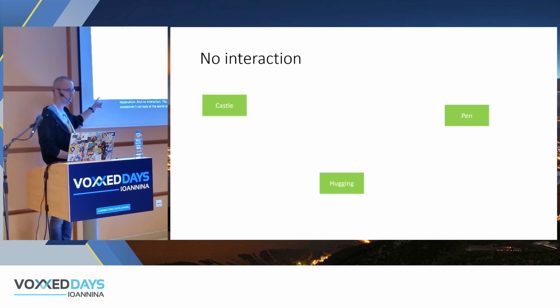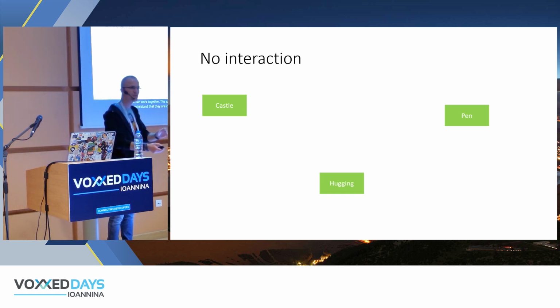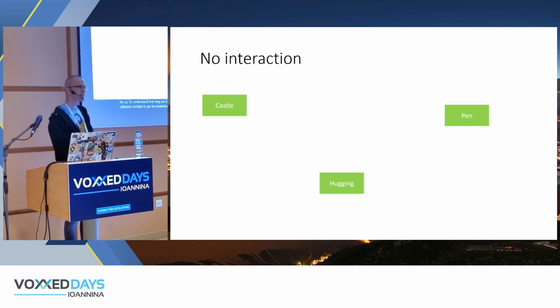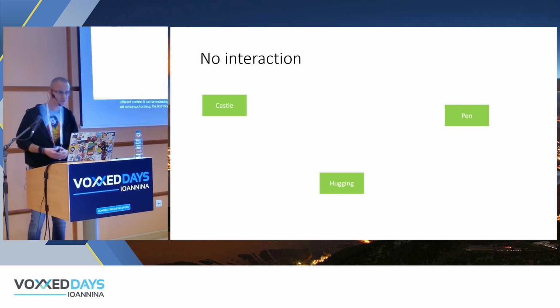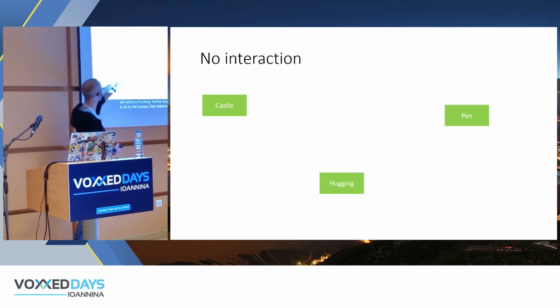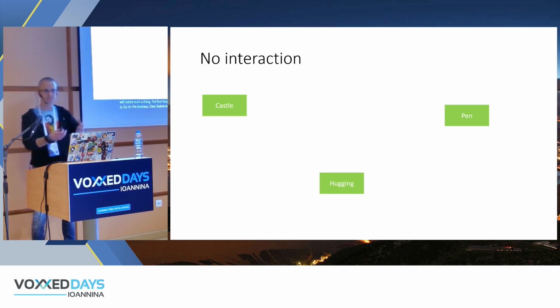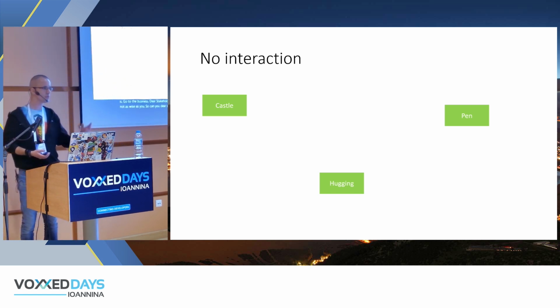It can be misleading. So if you notice such a thing, the first thing you do is go to the business, dear stakeholder, I'm not as wise as you. So can you, dear stakeholder, explain to me how I can hack in the castle? And maybe they will explain. So it's a win-win situation.